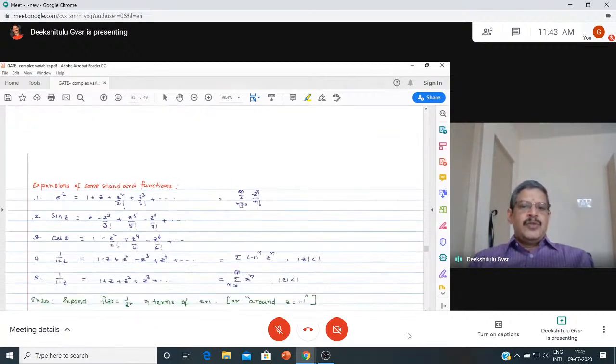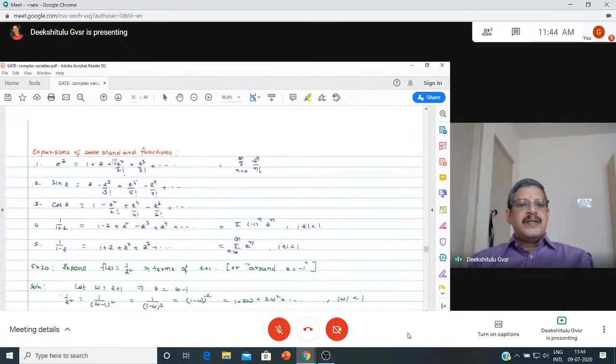Using Maclaurin series expansion, we can establish some important formulae. So expansion of e power z is 1 plus z plus z square by 2 factorial plus z cube by 3 factorial, and so on and so forth. You can simply write it as sigma n from 0 to infinity z power n by n factorial.